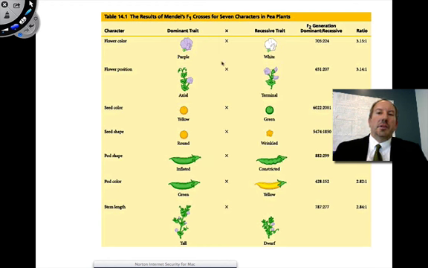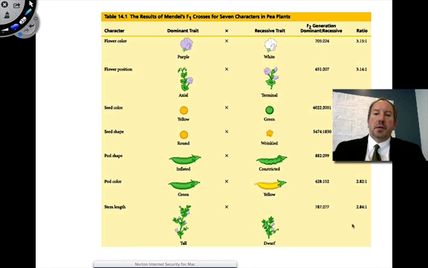He began to consider, wow, it seems like every time, no matter what trait I'm doing, in the first generation these alleles always seem to dominate, and in the second generation there's this 3-to-1 ratio.